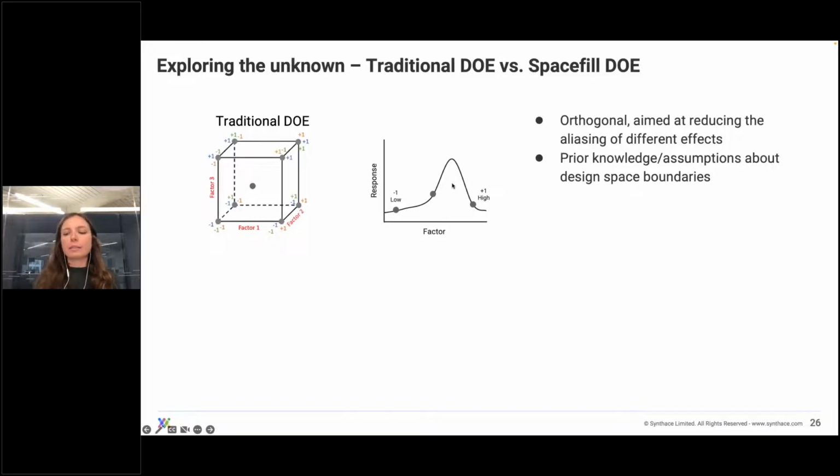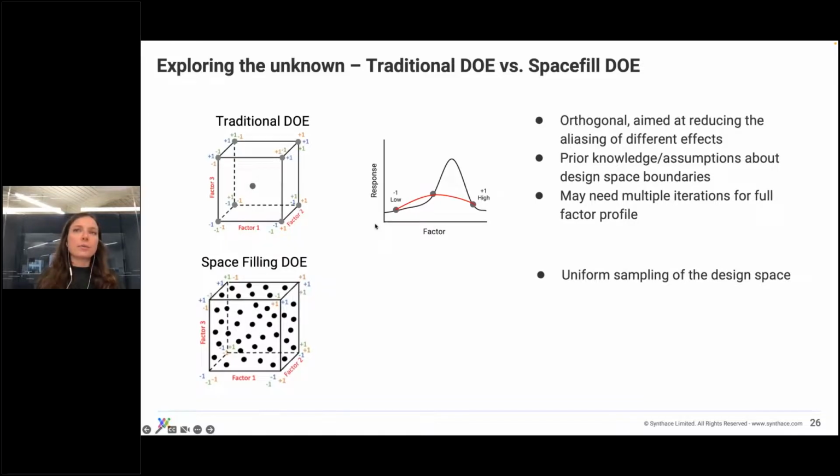If you generate a DOE model based on these points, you end up with something like this, where you've effectively missed this local maxima. What this means is you may need to do multiple iterations of DOE to actually understand this full factor profile.